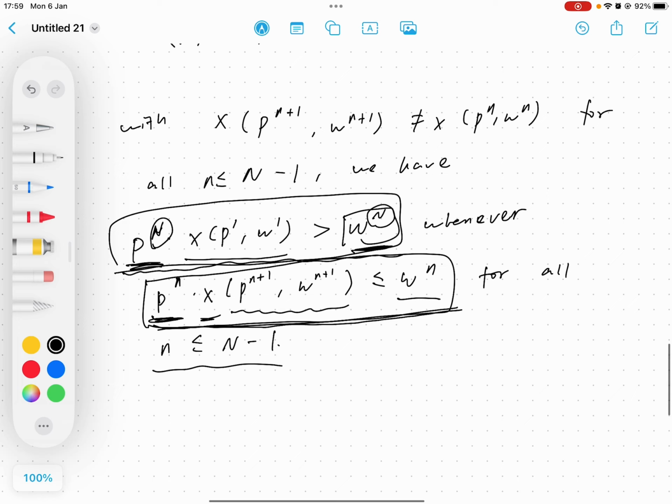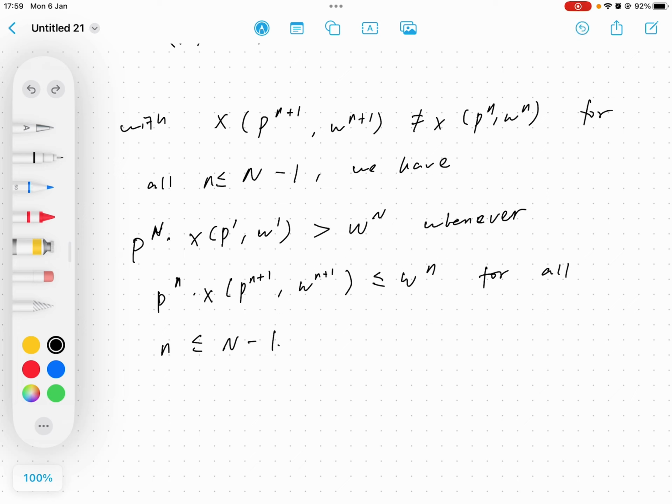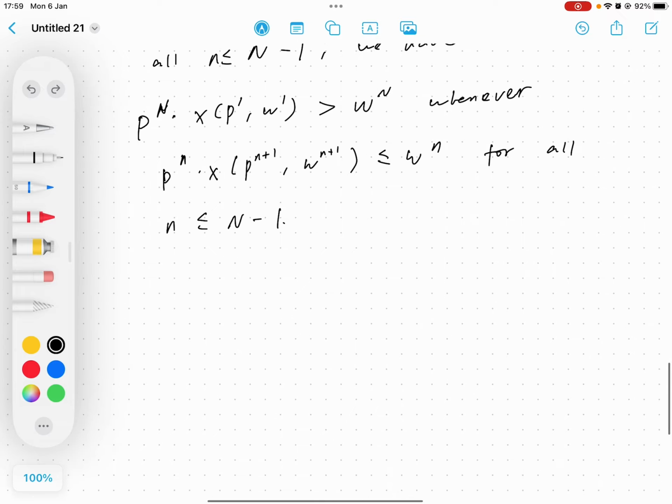Good. So this is the definition for the SARP, the stronger version of the axiom of revealed preference.